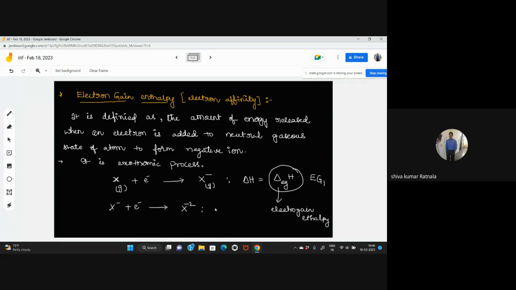In this process, whatever energy is involved will be electron gain enthalpy 2. Otherwise, we can say electron affinity 1 or electron affinity 2, that is EA1 or EA2.